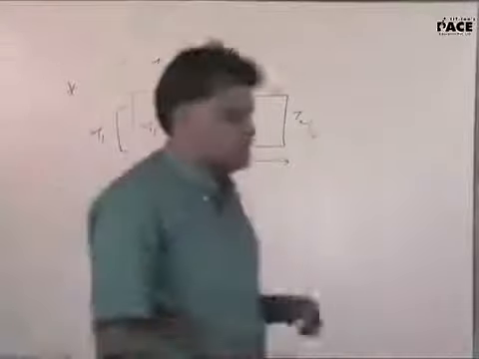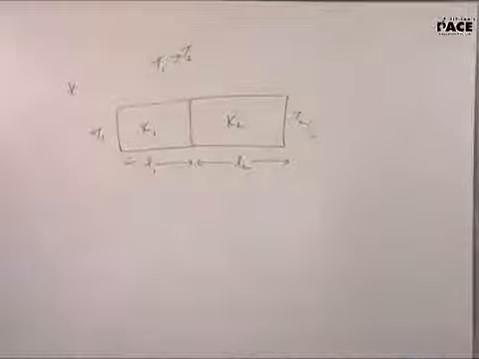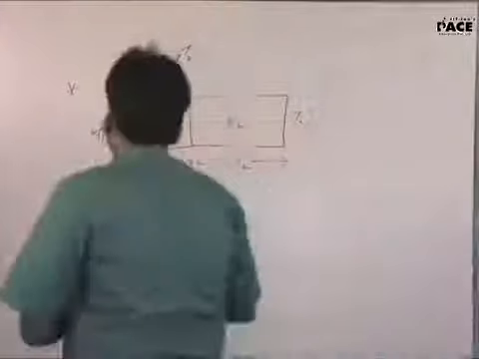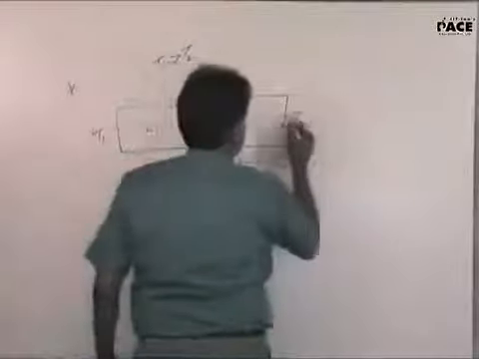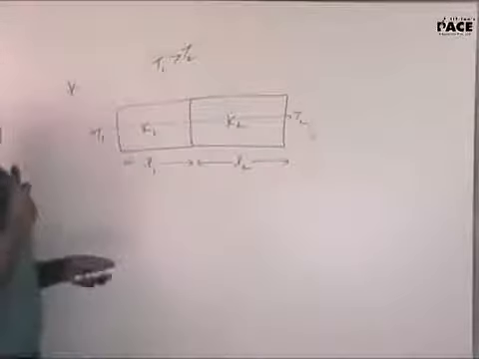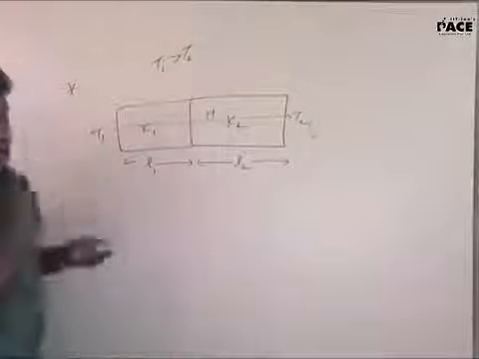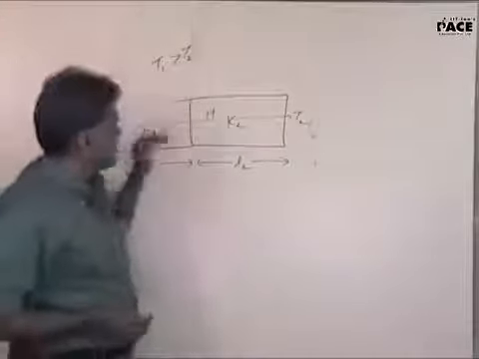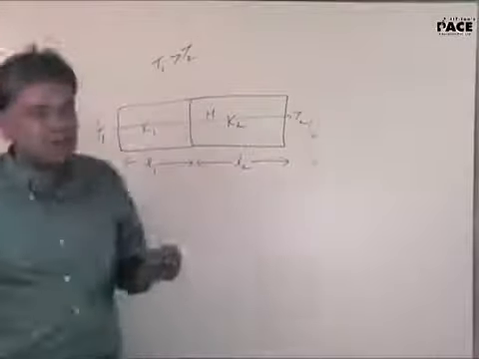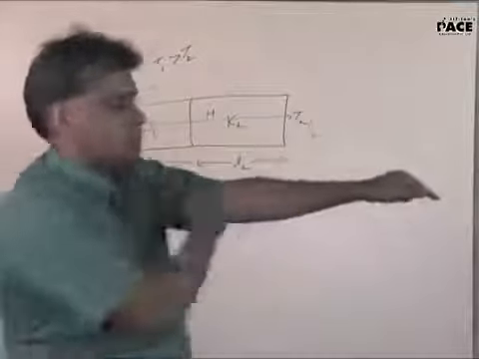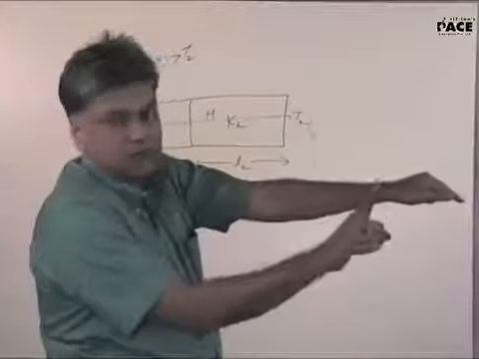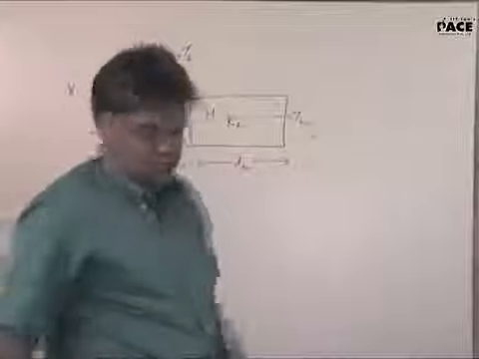Heat will go from the higher temperature to lower temperature like that. But heat can also go from the sides, it can radiate out. Unlike electric current, which only goes along the wire and won't go sideways, heat can escape from the sides.